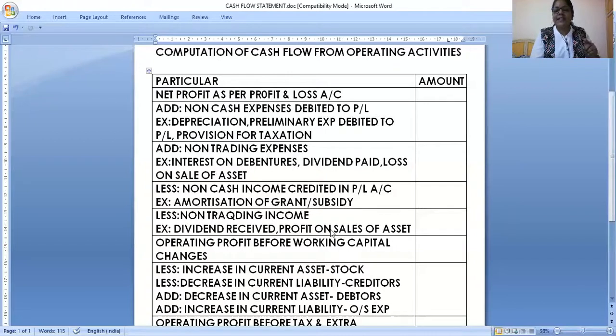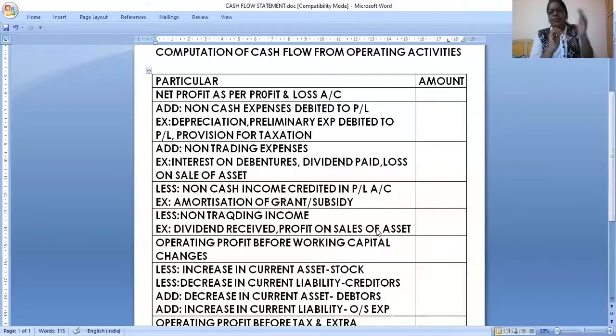Now why do I take the same inflow on the credit side of the P&L account? No. And anyway, profit on sale of asset is not my core operating, trading, manufacturing activity, my core business activity. So if profit on sale of assets 7 rupees is credited, because of which net profit is 50, then remove it.